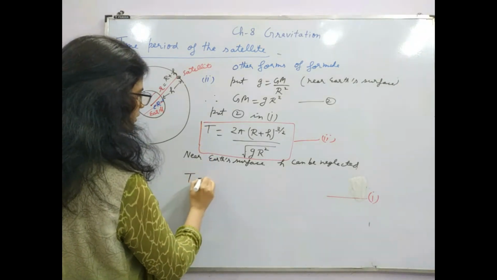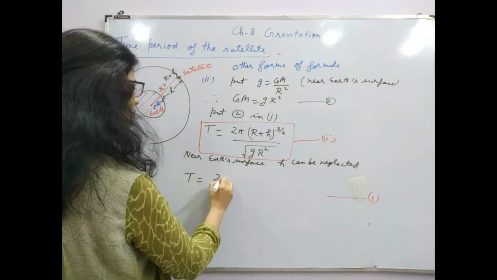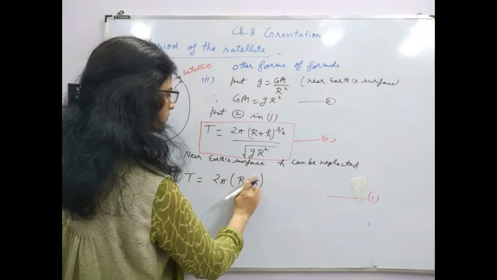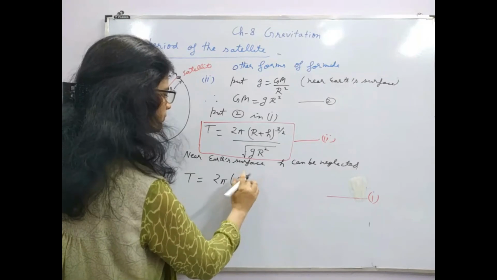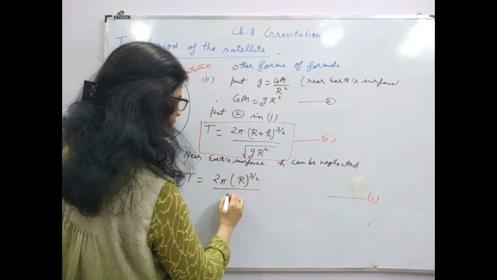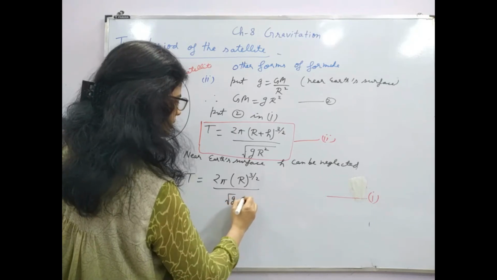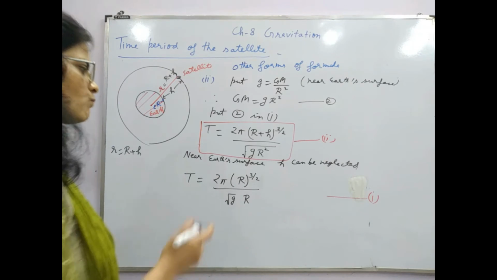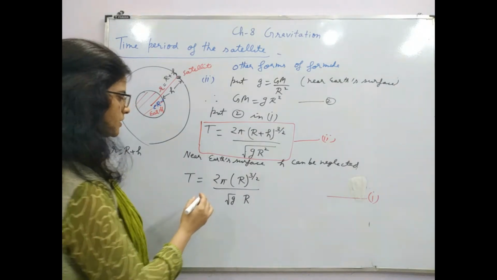T is equal to 2 pi R to the power 3 by 2 upon under root of g into R. What will it be? 3 by 2 minus 1.